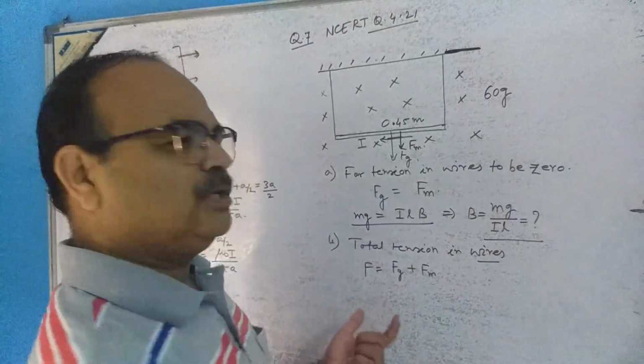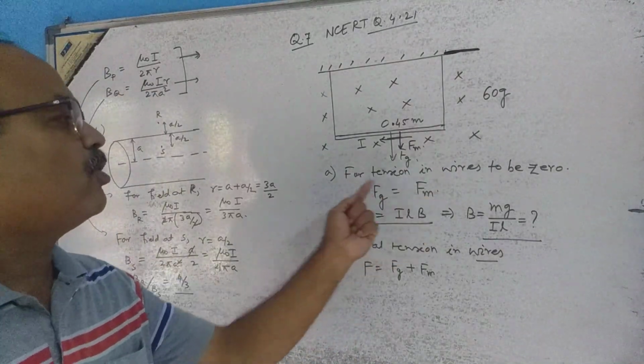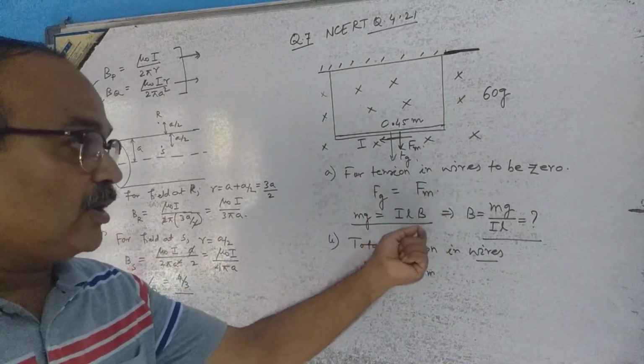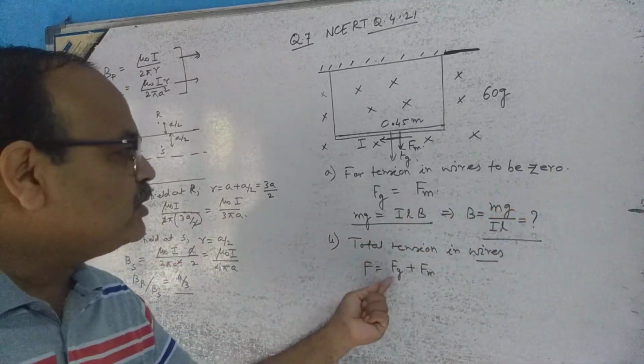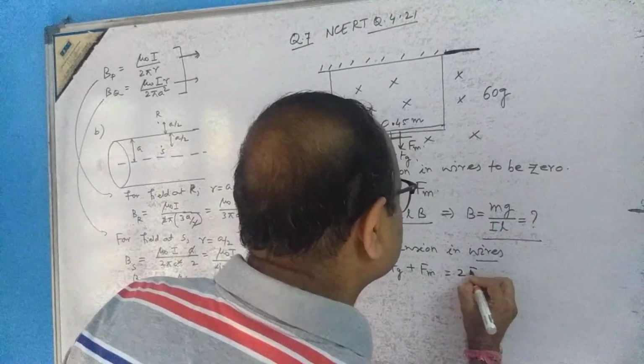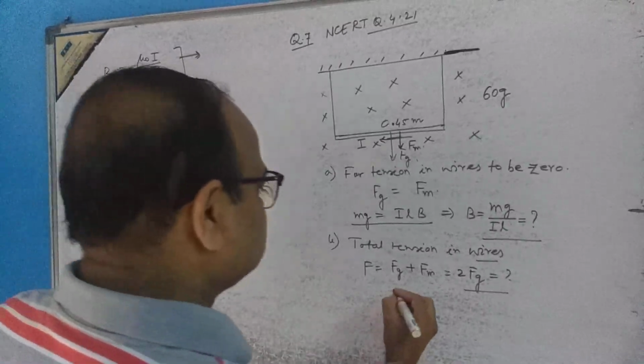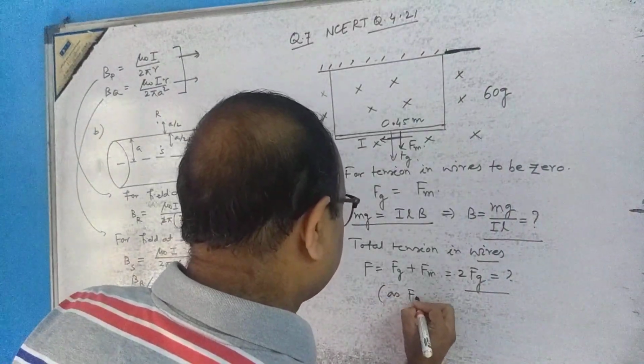Now see, I have considered already Fg equal to Fm and accordingly I have found the value of B. So Fg and Fm are equal. That's why you can find the value as twice Fg.